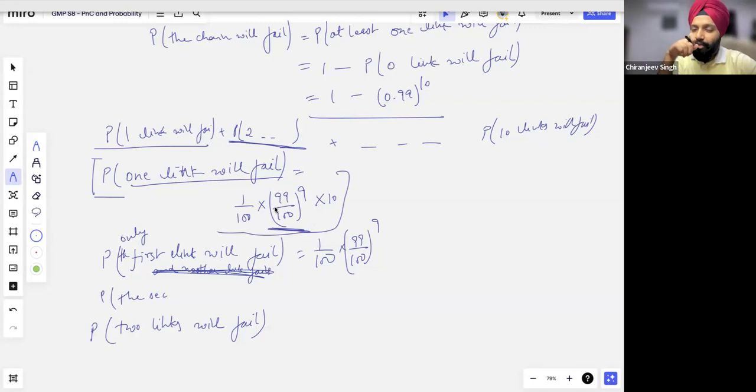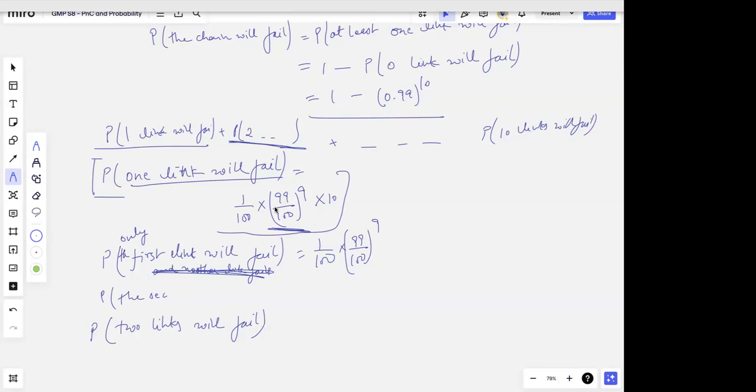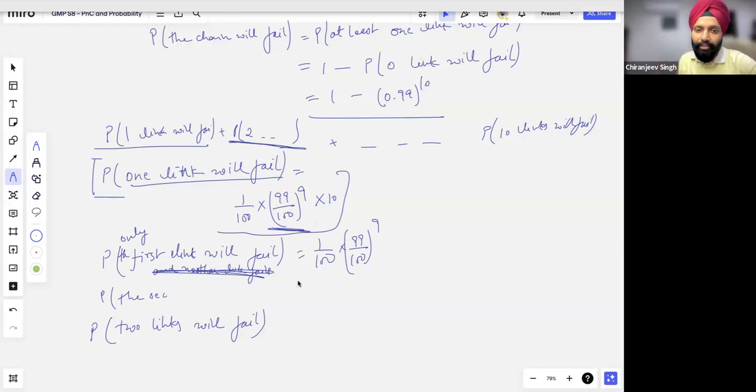Khushbu, is it clear? Yes. But I am also thinking, what if in another scenario only the first link will fail? We have already considered that. This is the answer.